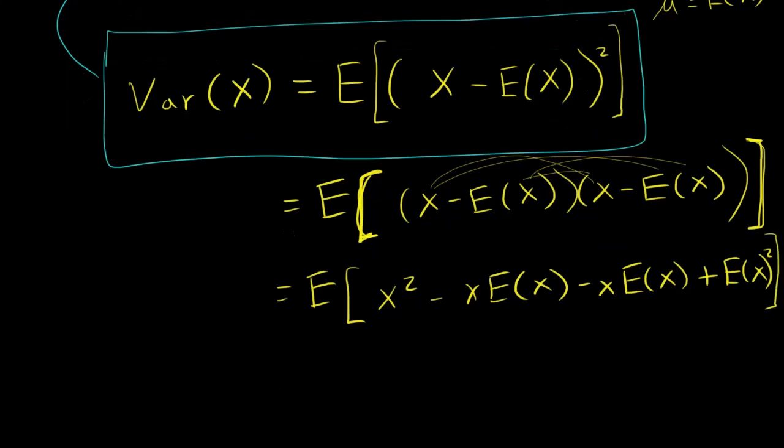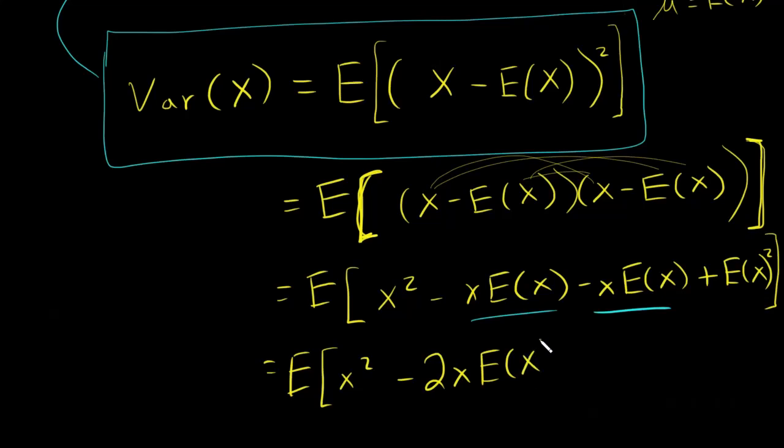I can simplify this a little bit. These are like terms, so there's two of them, so minus 2x times the expected value of x. Actually, I'm going to write that a little bit differently, as the expected value of x times x. It's the same thing, I just reversed that multiplication.